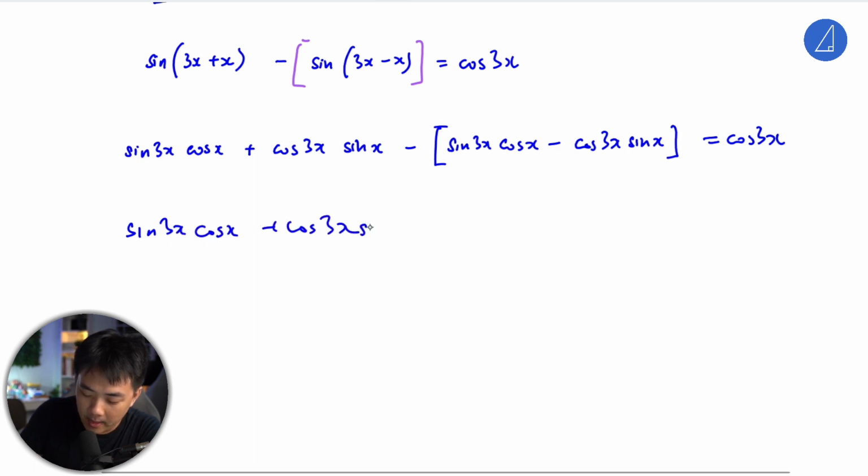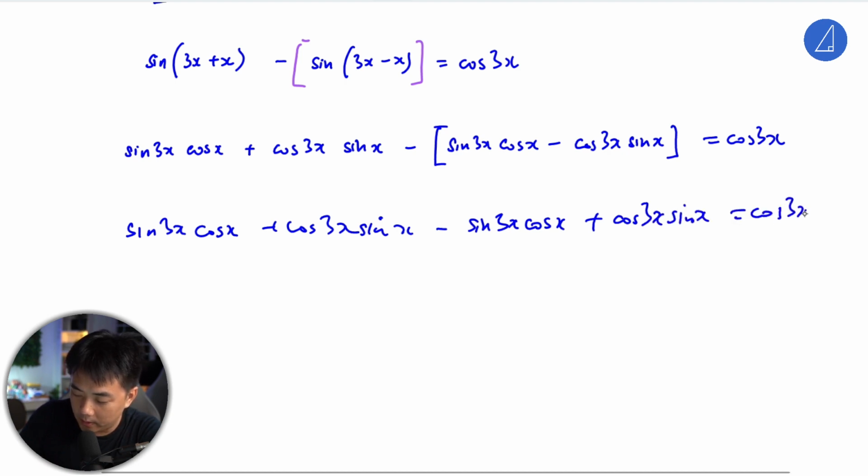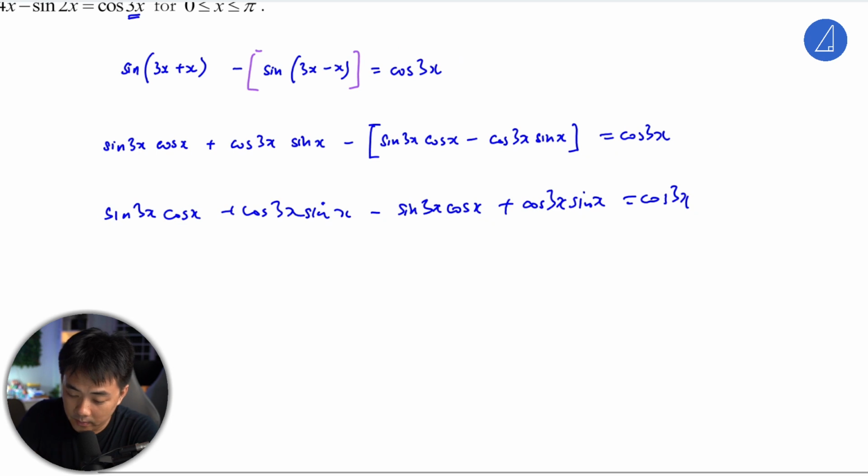Sine x, then bracket sine 3x cosine x plus cosine 3x sine x. A lot of things to write. From here, just take note that this would be a zero pair.